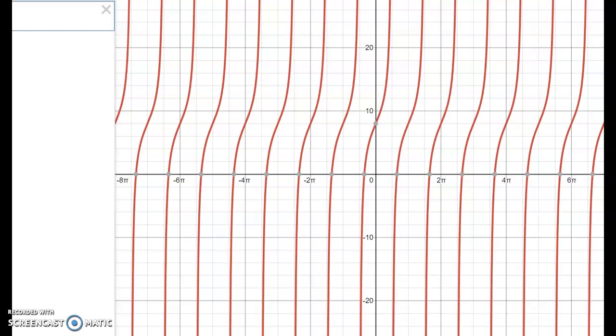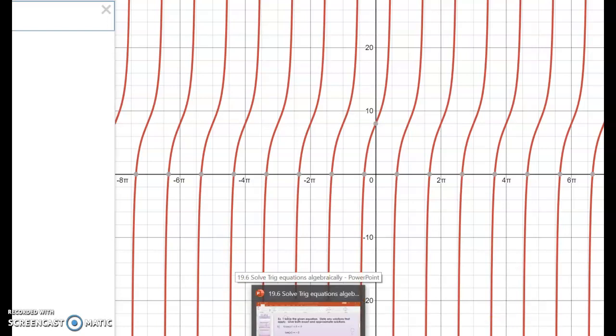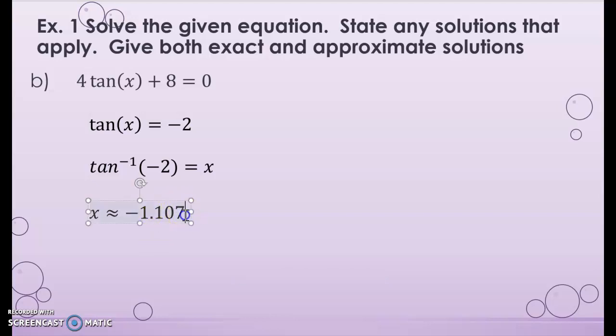You see that the graph will only touch the x-axis once, which means to find all the infinite x-intercepts that I see here, instead of adding 2n pi, because the period of the tangent is not 2 pi. What is the period of the tangent?